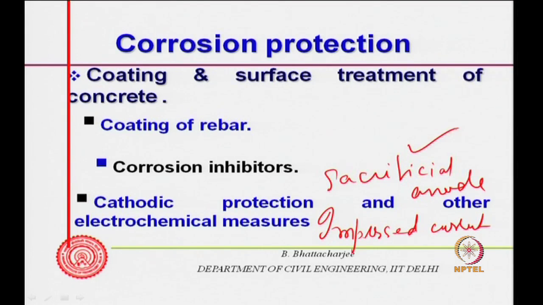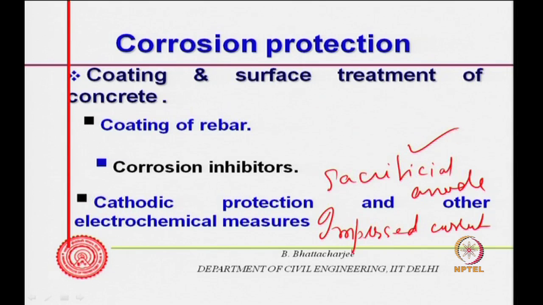This is used in metallic ships. So, you put aluminum, which is actually anodic compared to steel, and it is cheaper, waste aluminum or whatever you can use. It is a costly process as such. So, aluminum will be lost, but it will protect the steel. So, that is called sacrificial anode.